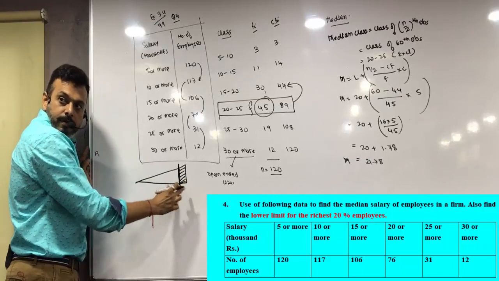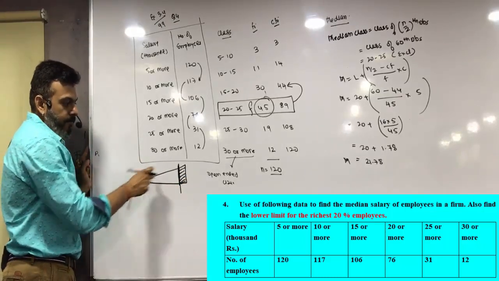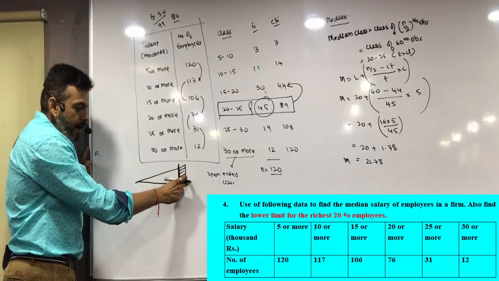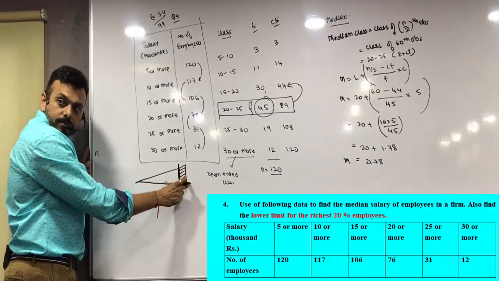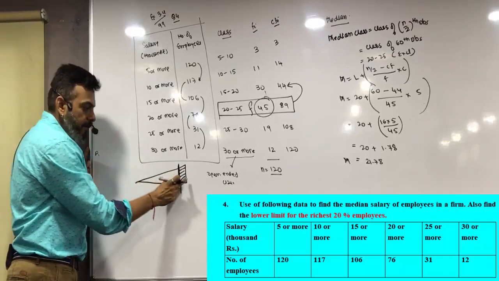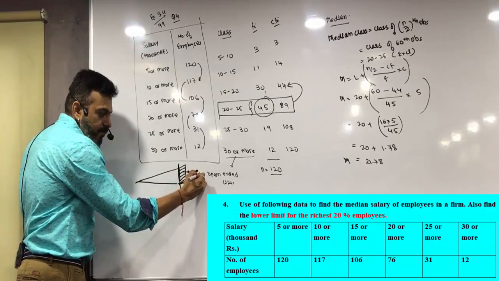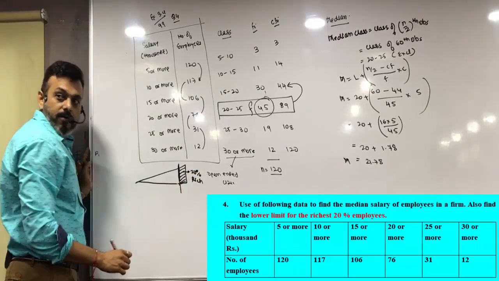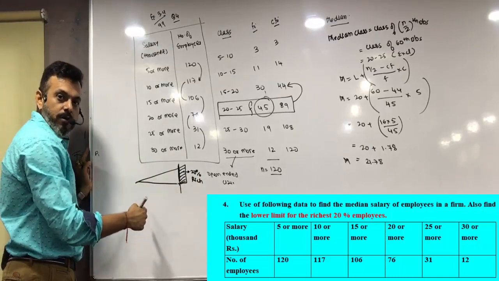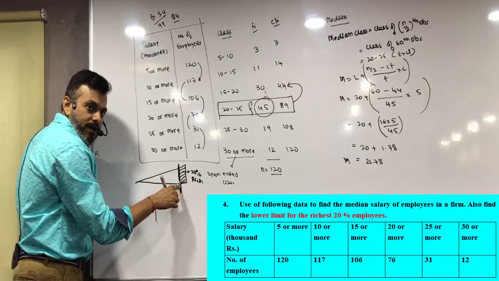Say for example, I want to arrange students from minimum marks to maximum marks. If there are 10 students, the last 2 students will be over here. So what do I need? These are my 20% employees who are rich relatively as compared to others. I want to find its lower limit. So this is its lower limit.